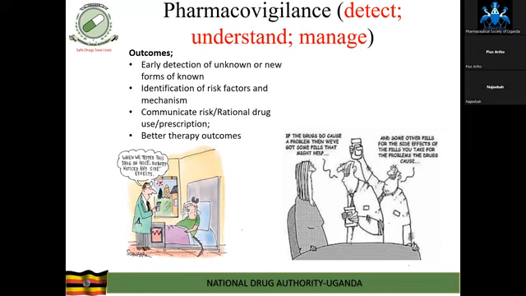So it is important that we continue following up these drugs, because many of these reactions can come out after the drugs are on the market. Basically, pharmacovigilance is following up the safety profile of the drug even after the drug has come to the market. And the essence of all this is to ensure that you identify the risk and are able to mitigate the risk.